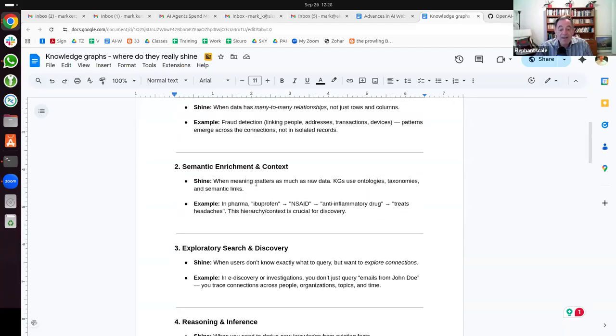The next is semantic enrichment, which is essentially the same. You want to connect by meaning, and you go into ontologies, taxonomies, and semantic links. That is where you hear all these terms, ontologies, taxonomies, and semantic links in graph.